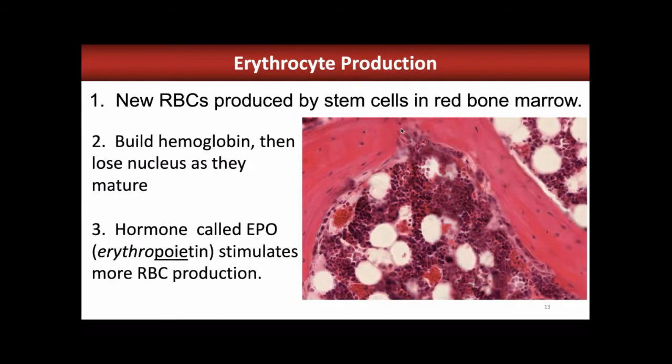Okay, so erythrocytes are produced in red bone marrow. As I said, they spit out the nucleus as they mature. And so we're looking at some spongy bone here, up close and personal, a bunch of red bone marrow, and then some small blood vessels going through the red bone marrow.